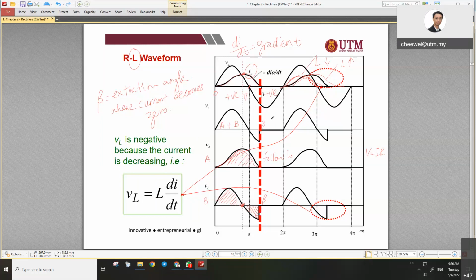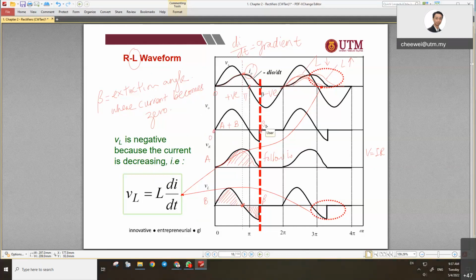If I don't know A and B, VR and VL, can I still draw V out? Yes. When you know the current, you can draw the voltage, because the current tells you where it starts from 0 and where it stops at beta. So you can plot the start at 0 and the stop at beta.